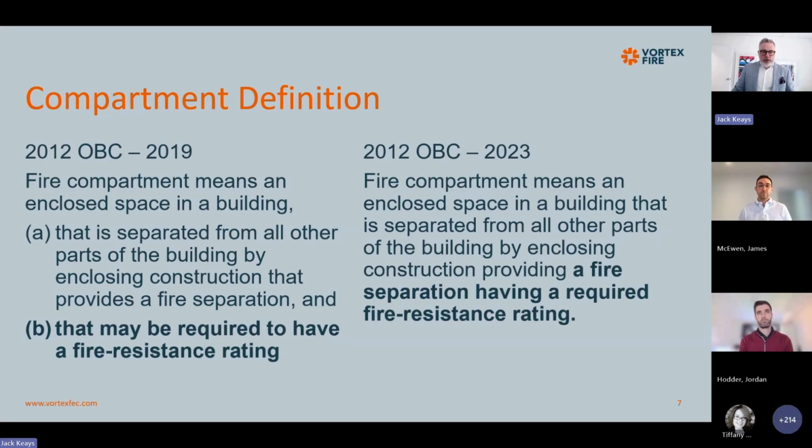A fire compartment means the enclosed space, same thing, except a fire separation having a fire resistance rating. Okay, so for designers, that means our 0 hours do not have a fire resistance rating. They're still a fire separation, but they don't have a fire resistance rating. So that was a key change.